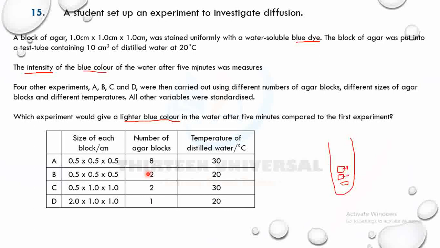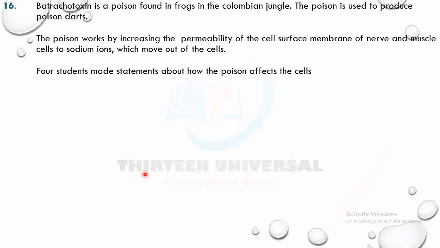So the one that has a lighter blue color in the water after 5 minutes compared to the first should be B. All right, now look at the next one.